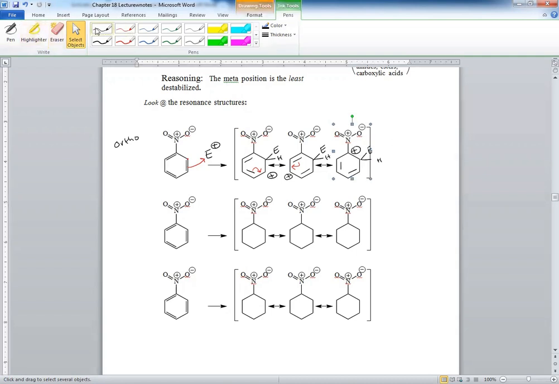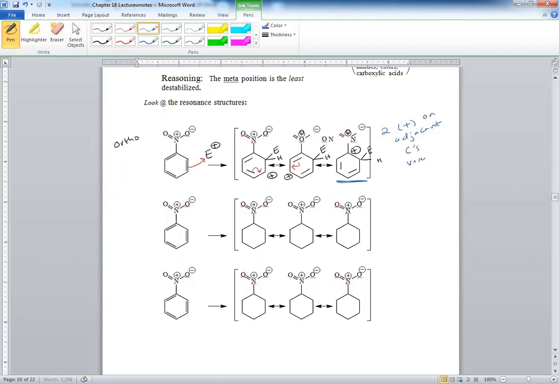Okay, here's a problem. What is the problem? Can you see it? There are two positive charges on adjacent carbons.